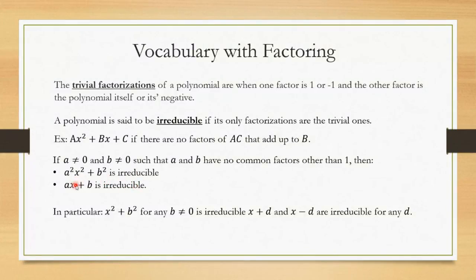In particular, if we take a to be 1, these polynomials are irreducible: x squared plus b squared, x plus d, and x minus d, where d is any number. Here I want b to be non-zero, but d could be anything. Those are going to be irreducible. You can't factor them down any further. It's just vocabulary. I think that's good to know. That's all.